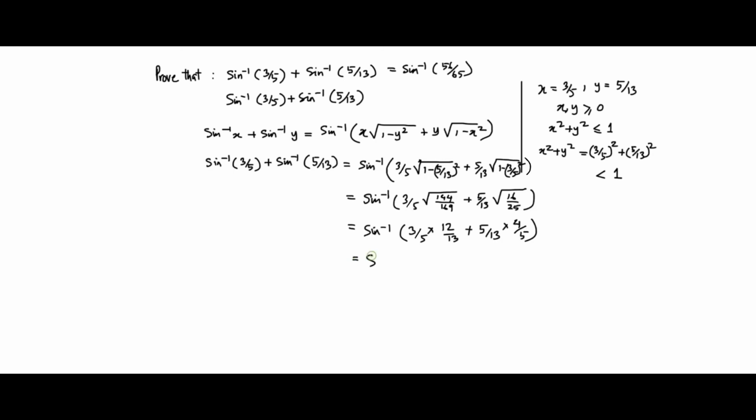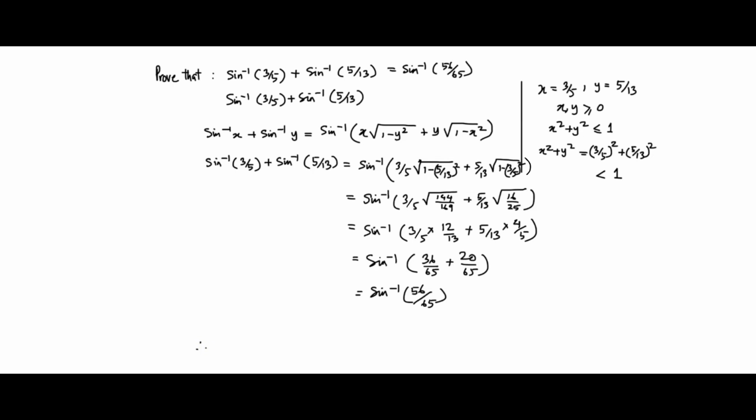This equals sine inverse of 36 over 65 plus 20 over 65. Taking LCM 65 and adding, you will get 56 over 65.